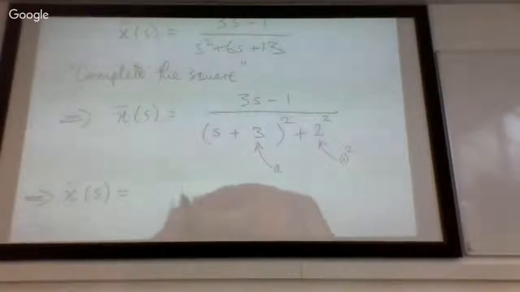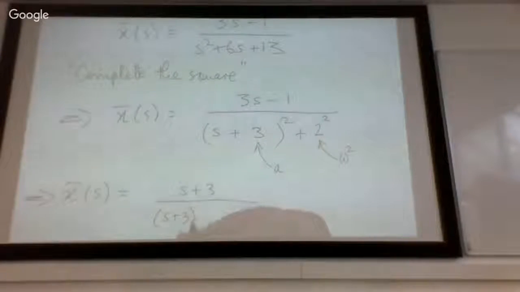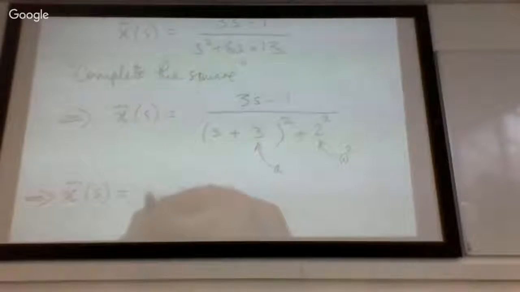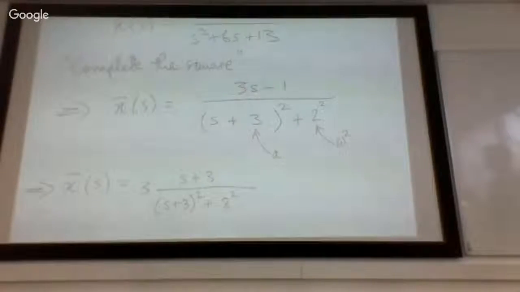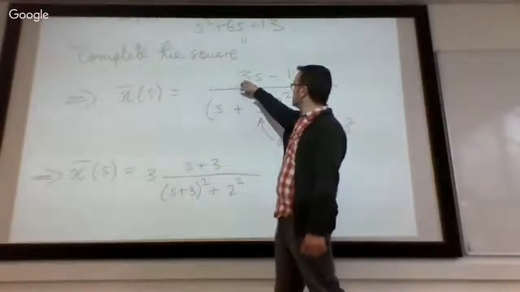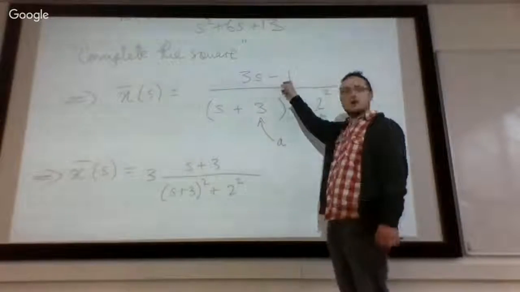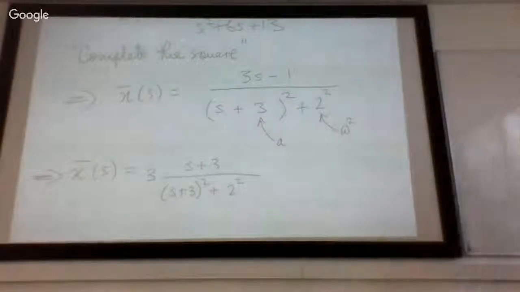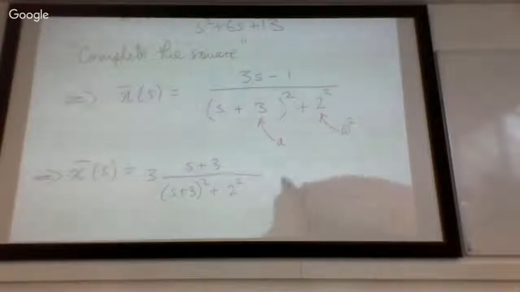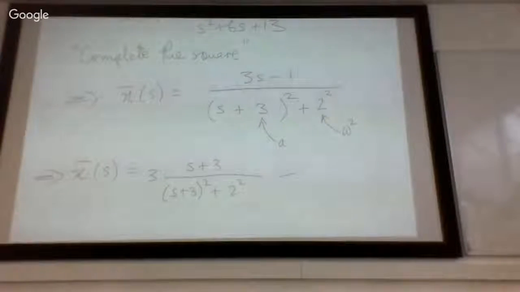So we can have s plus 3 in the numerator, and have s plus 3 all squared plus 2 squared there. Now it's a 3s really, so we have to have a coefficient of 3 in front of it. So 3 times this will give us 3s. Of course, it'll also give us plus 9, but we need minus 1. So we have to have a minus 10 subtracted from it. So I'll want to write down here a minus 10 over s plus 3 squared plus 4.